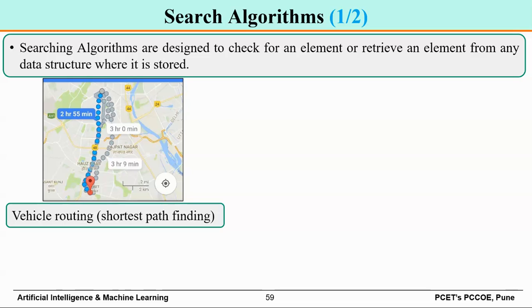And generally if there are two or three routes, what difference will you find in the different routes? Time. So time is one of the parameters based on which you will see different paths. The Google Maps application is designed in such a way that it will provide you an option.